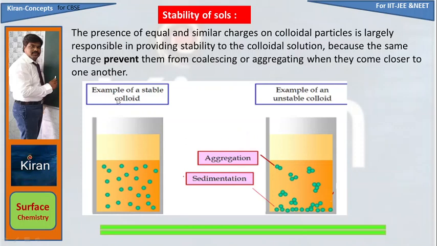See the example of a stable colloid here. These are examples of unstable colloid. They form clusters, all colloidal particles forming an aggregation, and sedimentation, all settling at the bottom. So this is unstable, but this is stable because of the presence of negatively charged colloids.